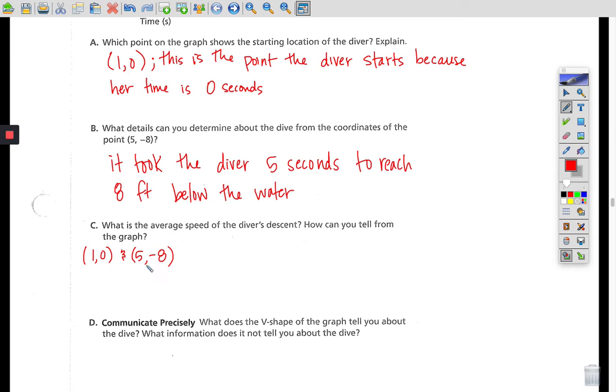If you don't remember the slope formula, I know it's been a while since some of you had some algebra, m is equal to y2 minus y1 over x2 minus x1. That's our slope formula.